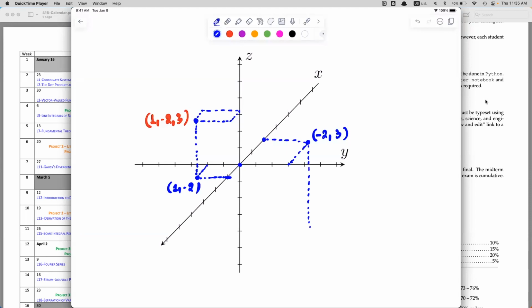You would have that, right? And that plane is parallel to the XY plane. And this is the point -2, 3, -5.